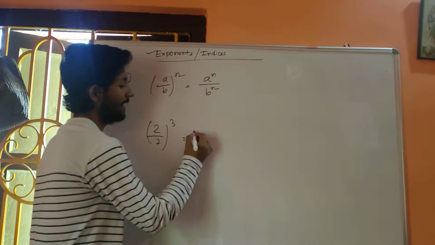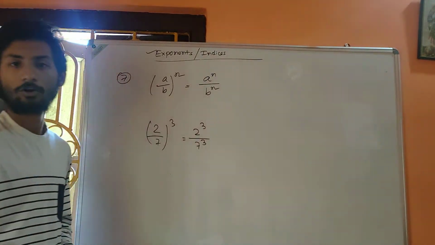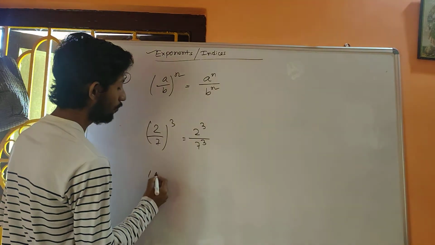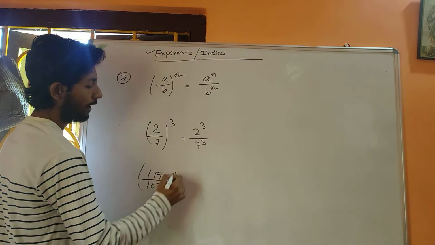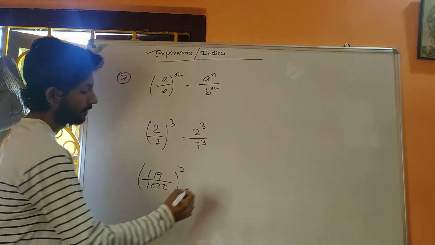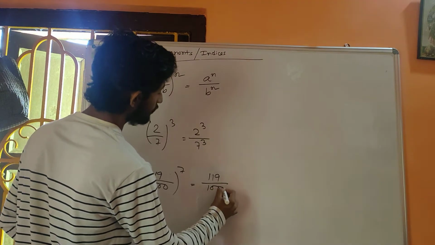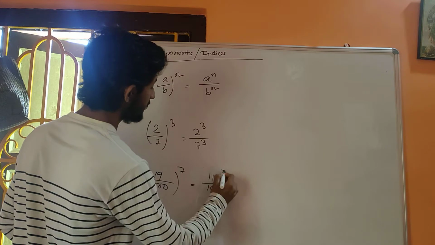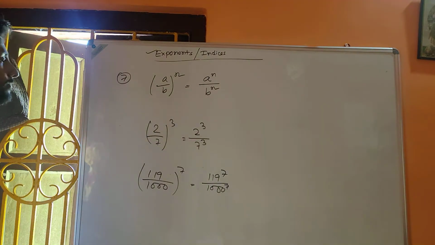So we can write 2 to the power 3 by 7 to the power 3. If there is 119 by 1000 to the power 7, then we can write 119 to the power 7 by 1000 to the power 7. Okay?